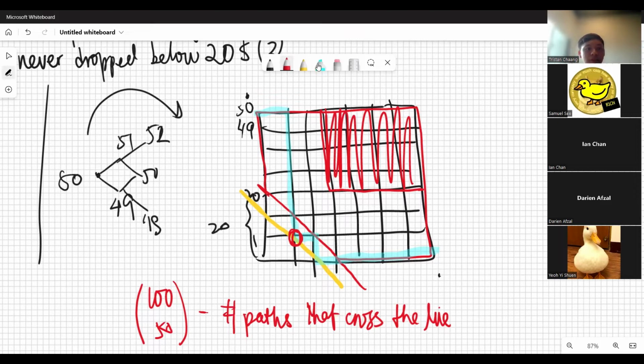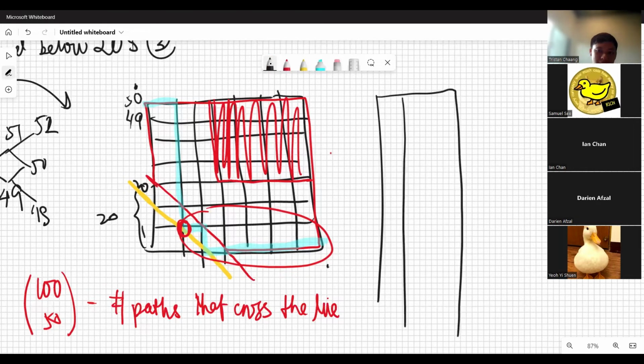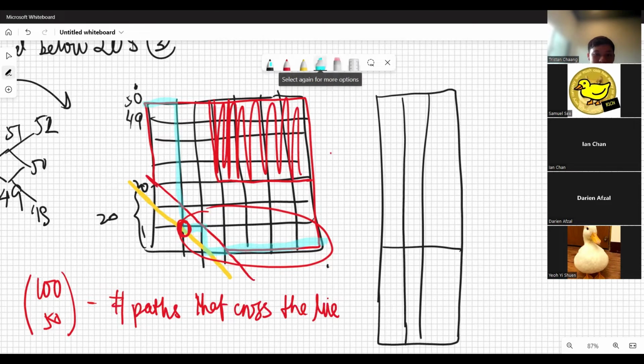And now I reflect across the yellow line the remaining path. It'll be something like this now.